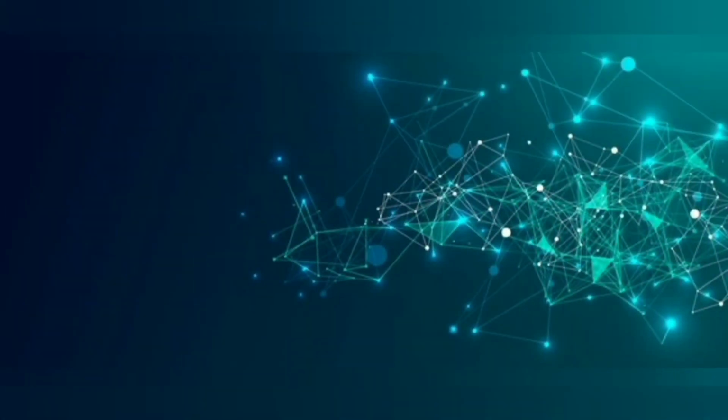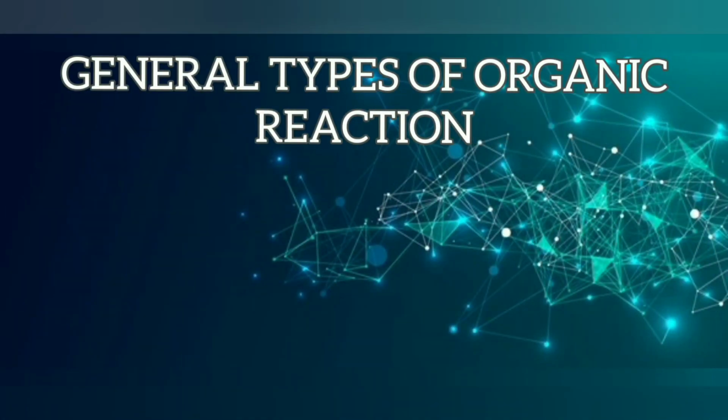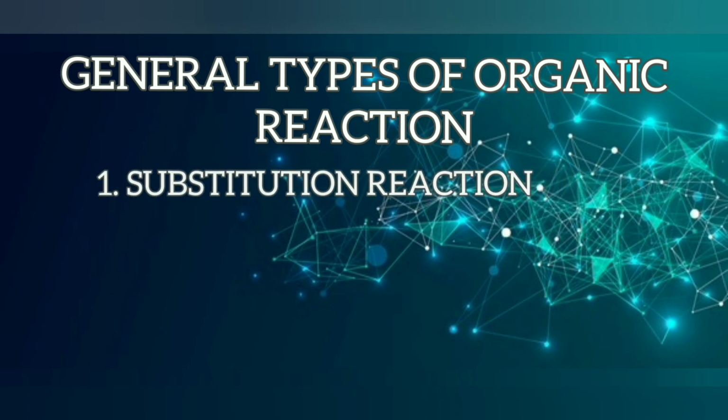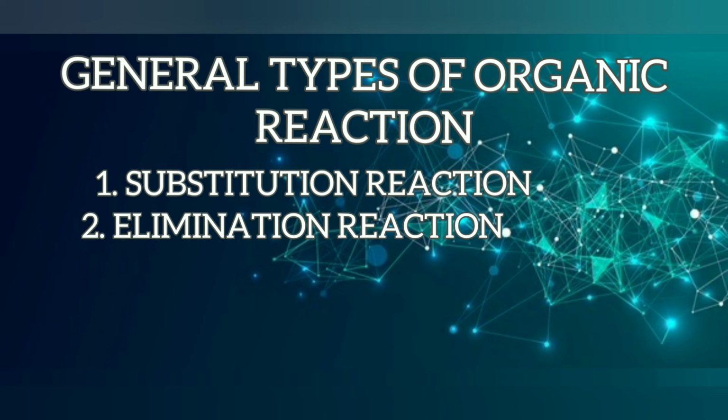Let's have some review. The general types of organic reactions contain 4. 1. Substitution reaction is a reaction in which an atom or group on the molecule is replaced by another atom or group. Second is an elimination, a reaction in which an atom or group is removed from adjacent atoms to form a double or triple bond.